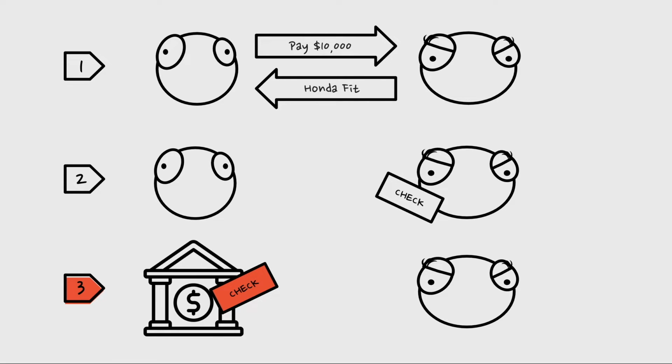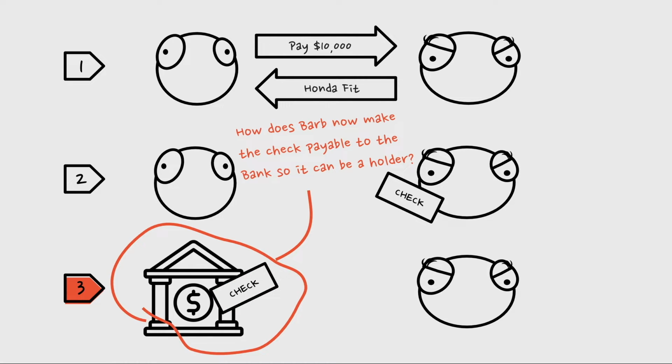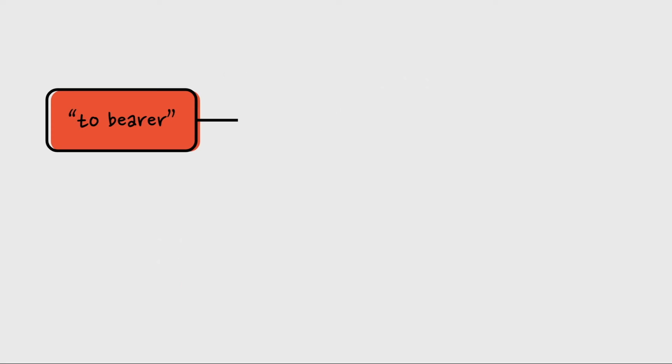The question we now have to ask is, is that just a transfer, or can this be a negotiation? Can her bank be a holder? They obviously now have possession of it, but how can something made payable to Barb be made payable to her bank, such that the bank is a holder? How do they become a holder? We know they have possession, right?